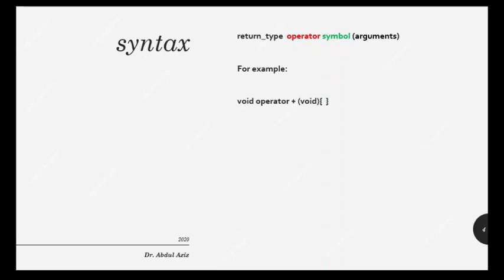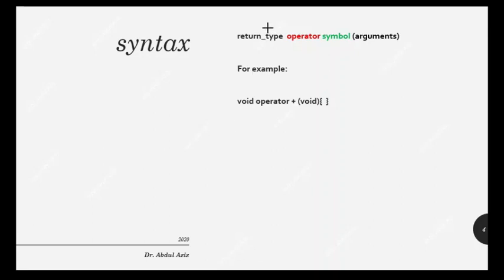Although whatever work we want to perform using the operator can be easily done using a function as well. Now moving towards the syntax, similar to a function that has a name, a return type and arguments, the operator, as I have told you, is similar to a function.